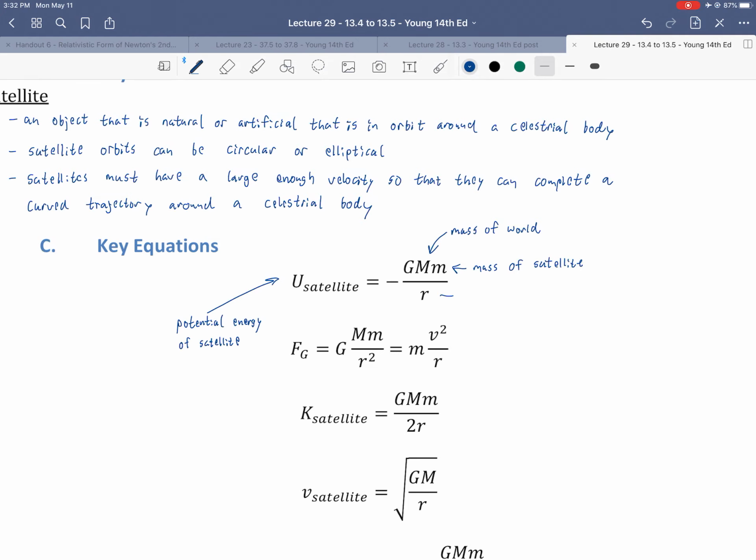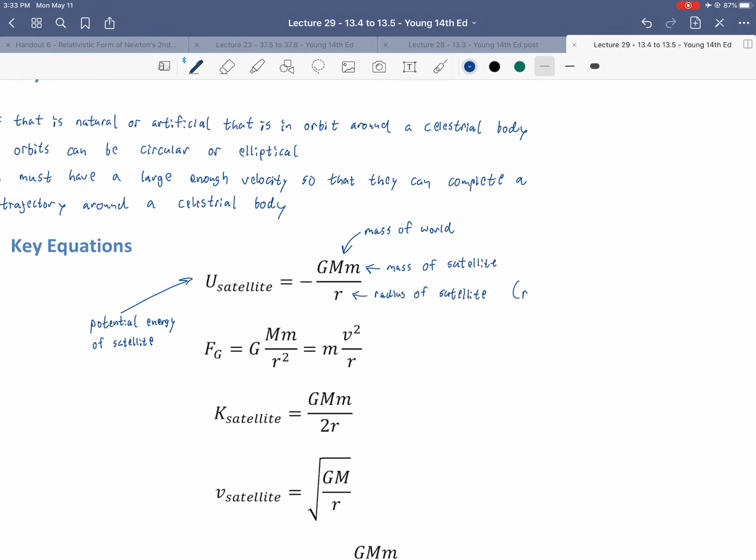All right, r is the radius of the orbit of the satellite. And importantly, r would equal the radius of the world plus the altitude, that's the height above the ground, of the satellite. Okay? So this is world radius and then height for altitude.